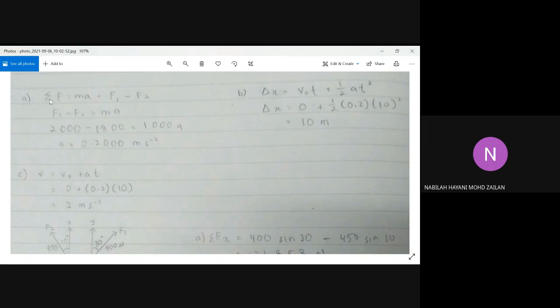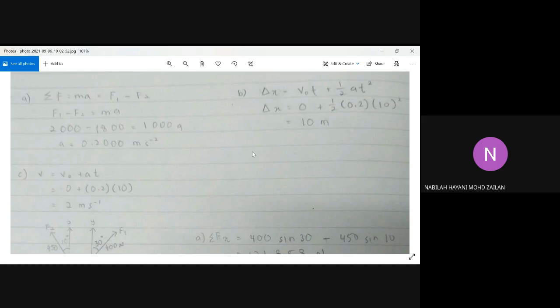So A, sum of force equals to ma, equals to force 1 minus force 2. Force 1 is 2000 minus 1800 equals to mass times a, and then 1000 kilogram. And then a is equal to 0.2 meter per second squared.